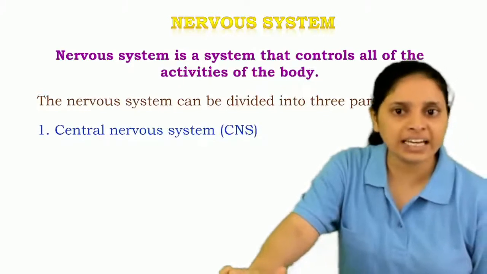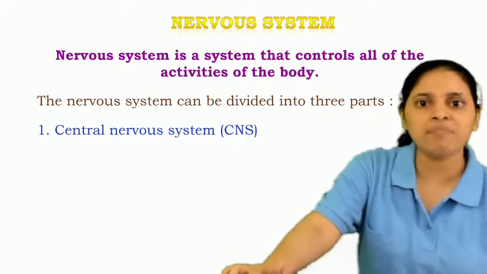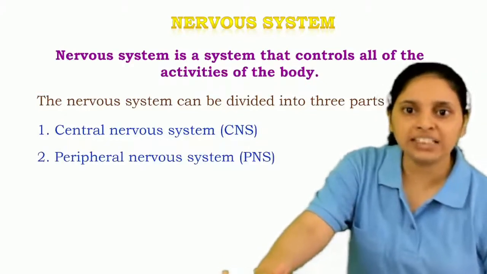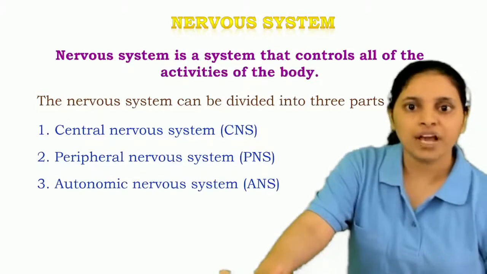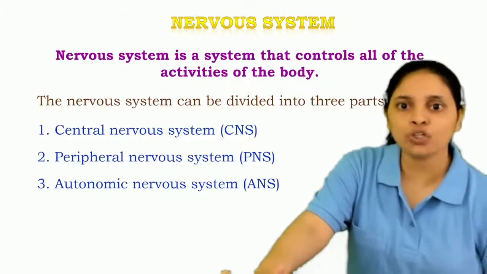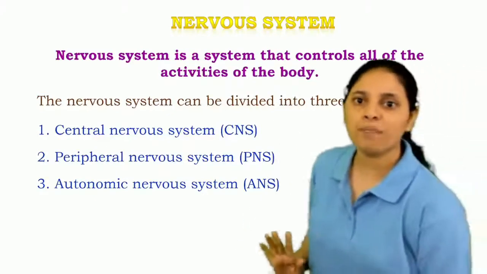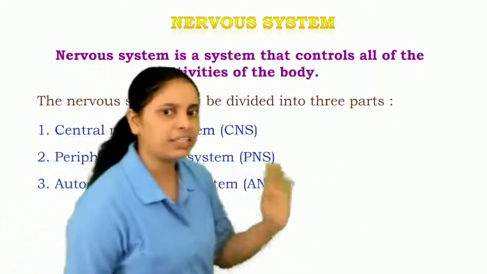First, CNS, Central Nervous System. पहला कौन सा part है? Central Nervous System. Second, PNS, Peripheral Nervous System. And third, we have the ANS, that is Autonomic Nervous System. पहले ये तीनों नाम याद करने हैं सबको. Nervous System के 3 पार्ट्स है. कौन से 3 पार्ट्स है? देखो जल्दी से.